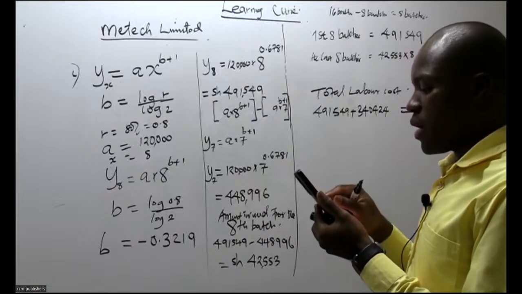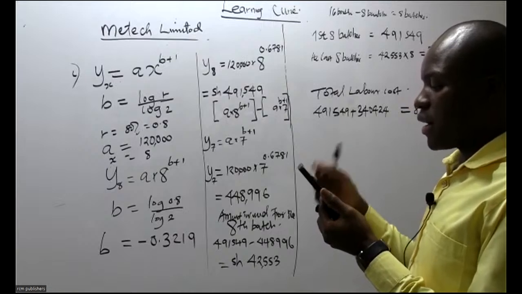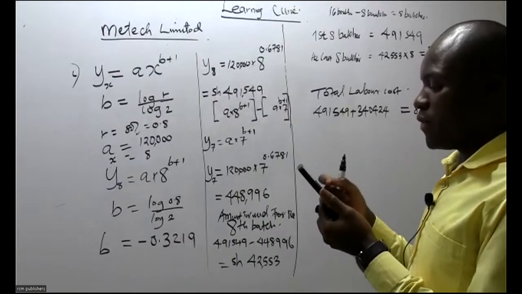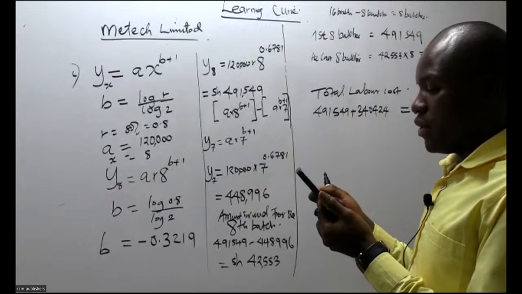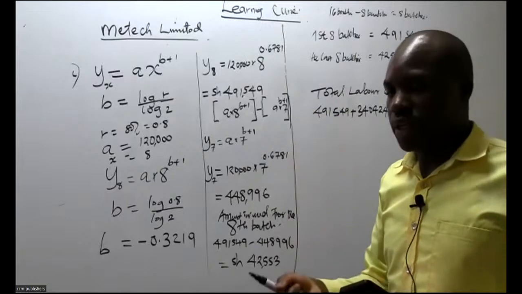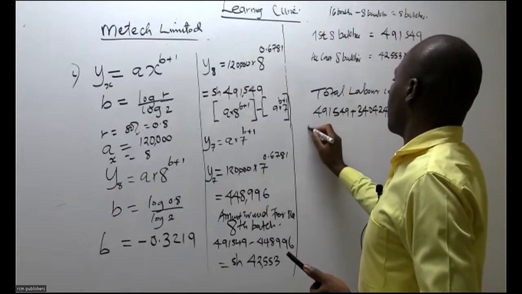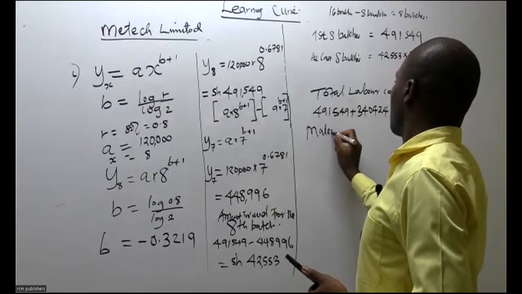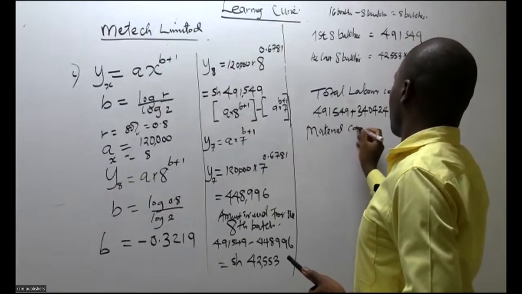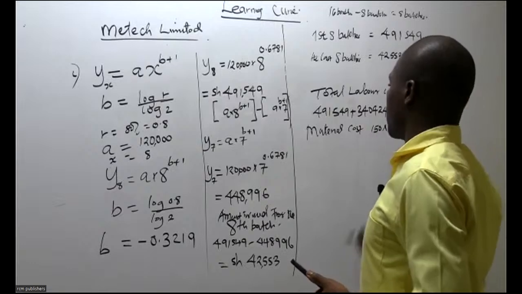Additional information number 1: the direct material and other non-labor related cost will be 150 per unit, not per batch. 150 shillings per unit. So this is total labor cost. Then material cost, we are told, is 150 shillings per unit.